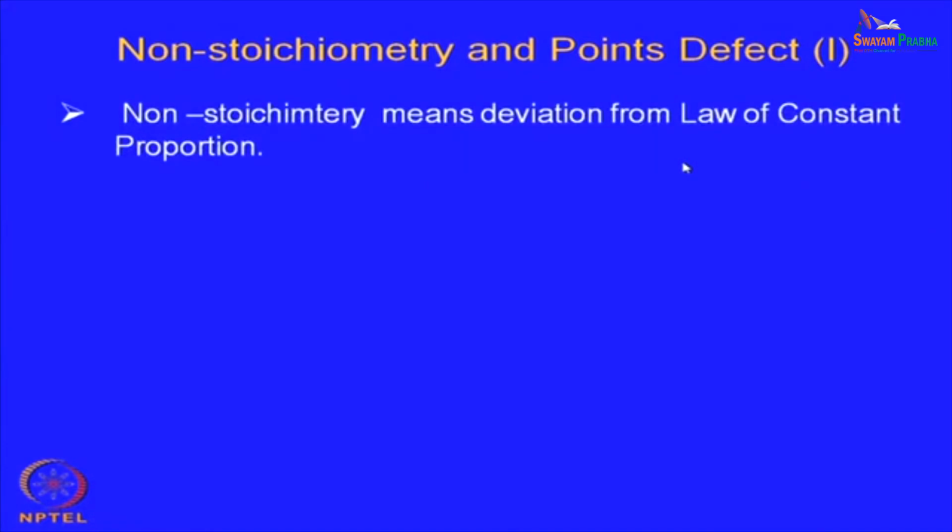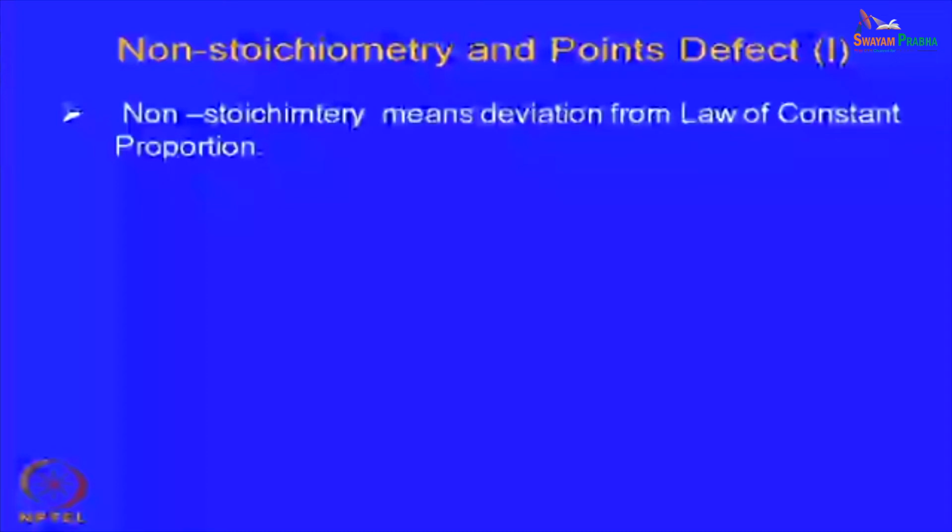Now, with this we come to another concept, which is actually a consequence of defects: non-stoichiometry and point defects. There is a strong correlation between non-stoichiometry and point defects. What do we really mean by non-stoichiometry? Basically, non-stoichiometry means deviation from the law of constant proportion.